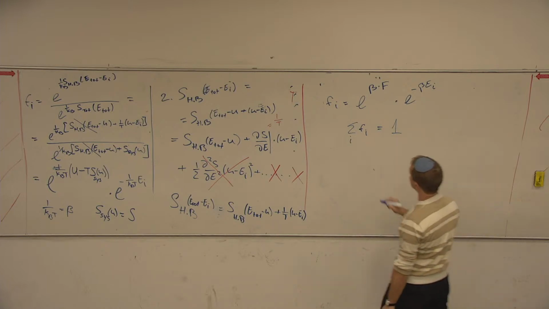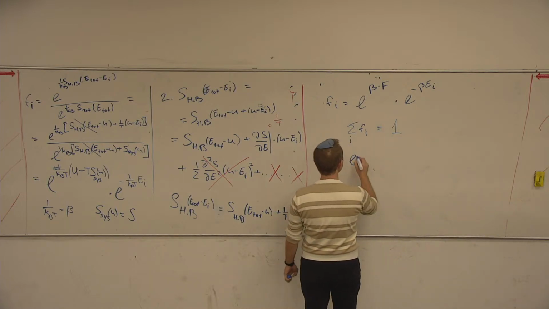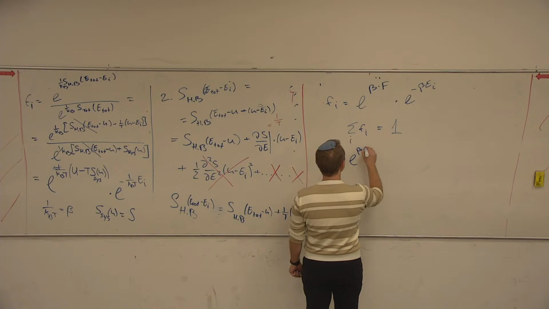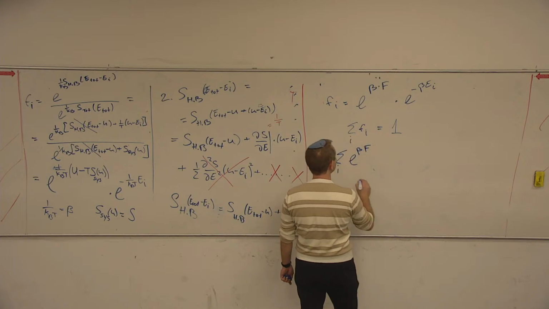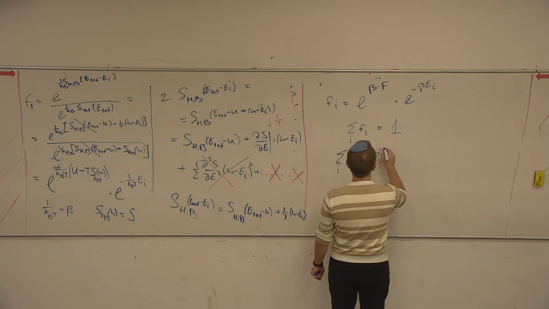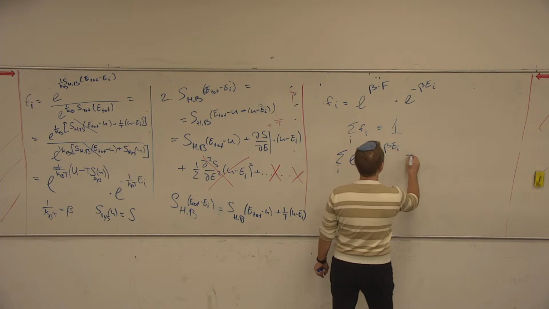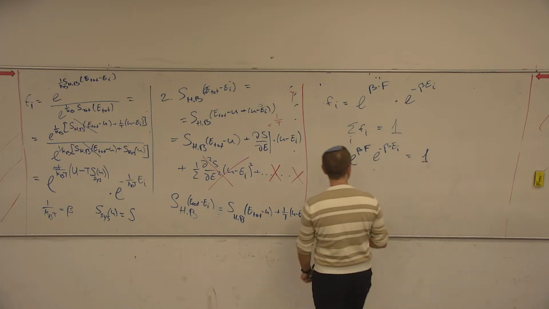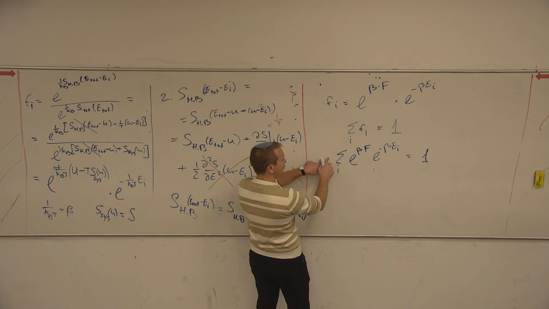So what are we getting? We're getting that e to the beta F times the sum over i of e to the minus beta E_i equals 1. Let's take this part out of the sum.